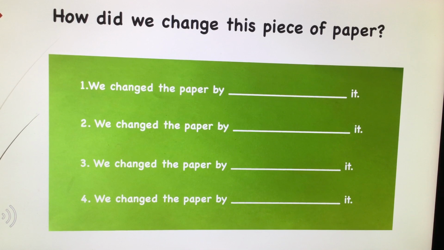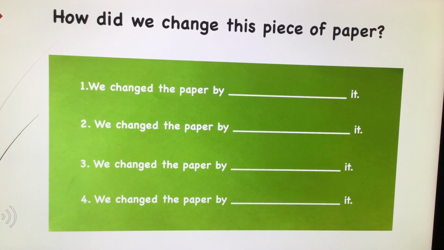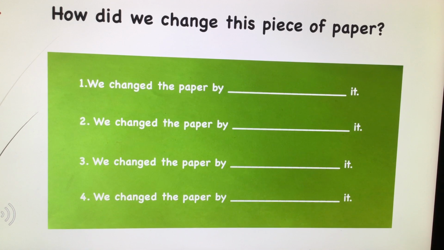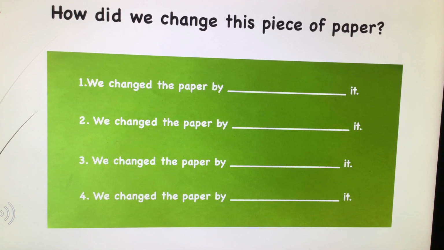Now I want you to write this sentence in your book. We changed the paper by. How did we change the paper? What was the first way we changed the paper? The second sentence, we changed the paper by. What was the second way we changed the paper? The third sentence, we changed the paper by.